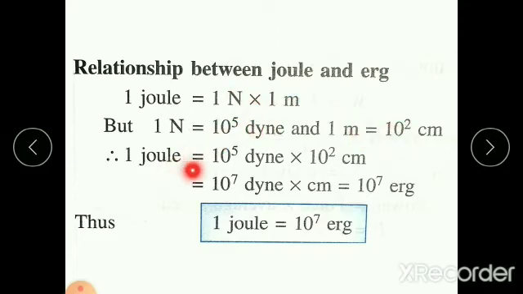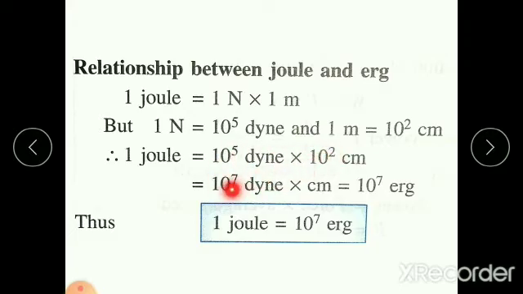So 1 joule is equal to, in place of 1 newton you can write 10 to the power 5 dyne, into 1 meter, which you can write as 10 to the power 2 centimeter. So you can write it as 10 to the power 5 into 10 to the power 2. a to the power m into a to the power n is equal to a to the power m plus n, right? So here m is 5 and n is 2.